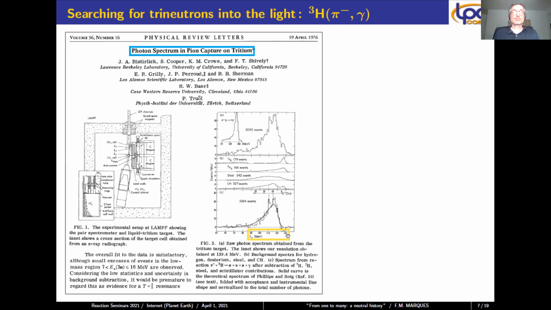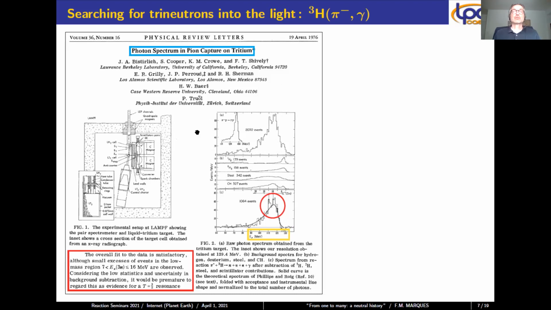So here the energy is quite high. This is the result of the experiment, and this line is the result of phase space. And so the conclusion was that even if you have some structures here, they are not significant enough to conclude that there is a 3-neutron resonance.